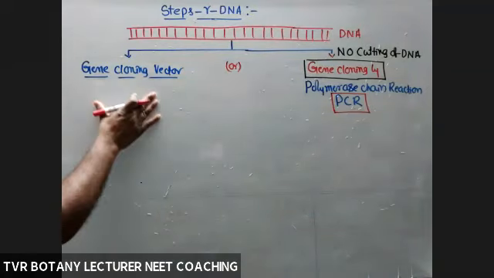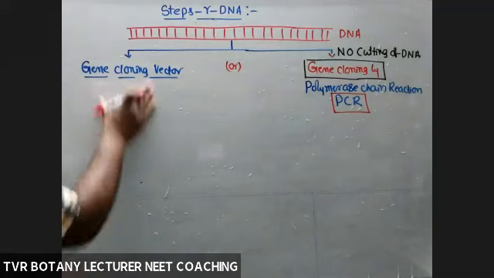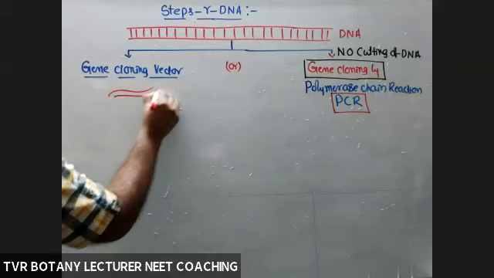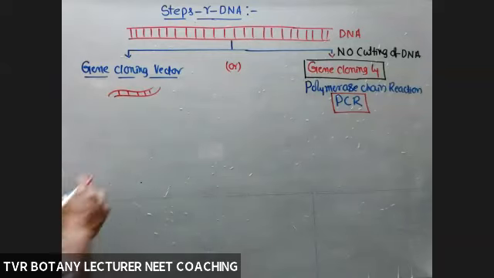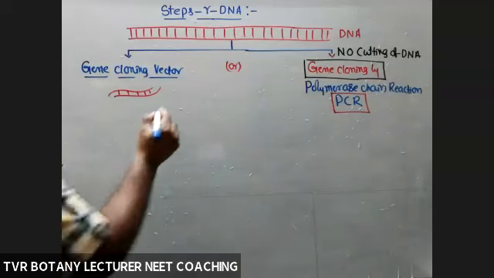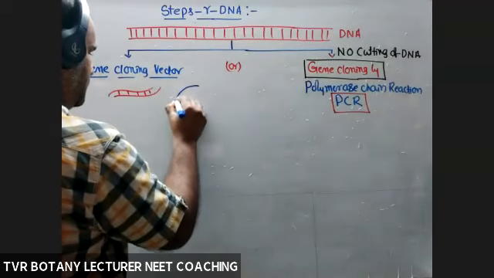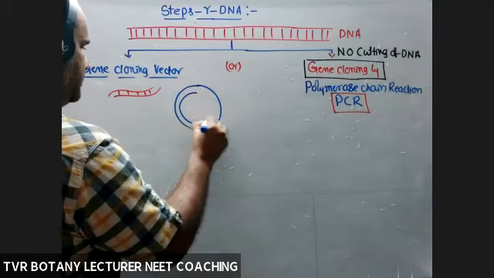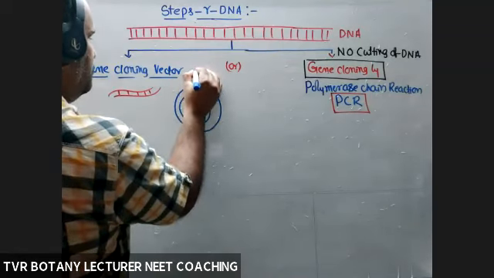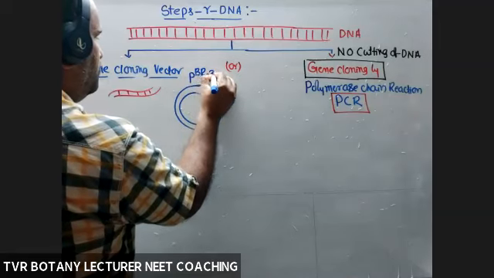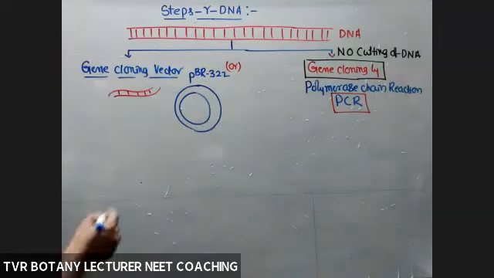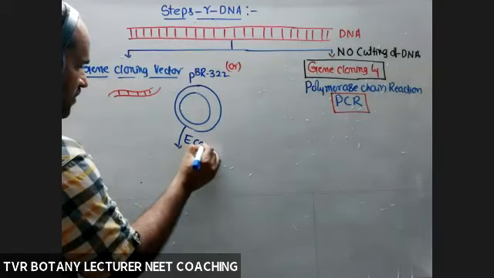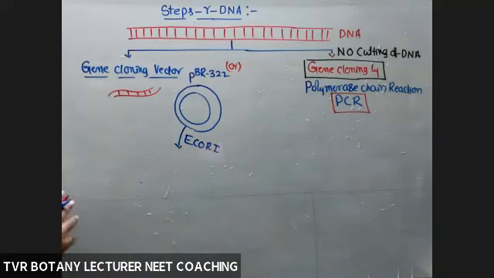So at the end, one desirable gene is available, or a certain number of desirable genes. Now take plasmid pBR322, the vector. Cut the vector with the same enzyme, EcoRI.